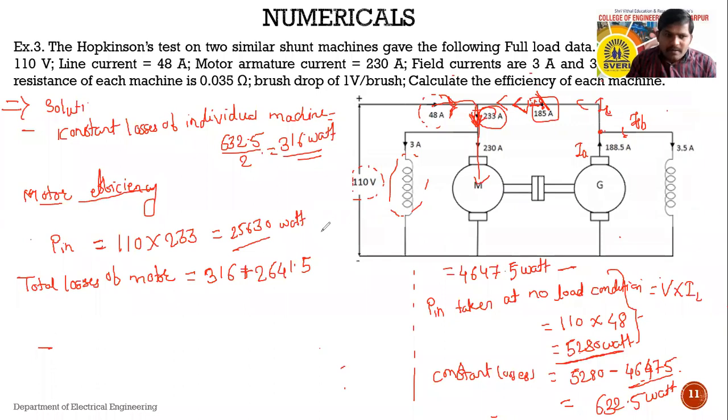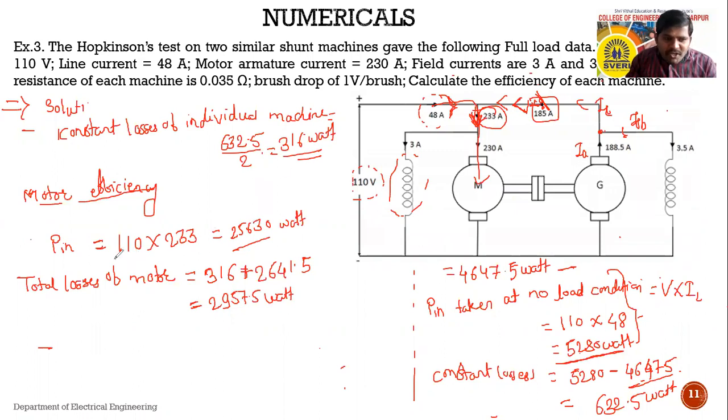Yes, sir. Okay, so according to this we are able to calculate the total losses of the motor. किती येत आहेत बघा हे? 316 अधिक 2641.5. 2957.5. 2957.5 watt. This is the total losses of the motor.